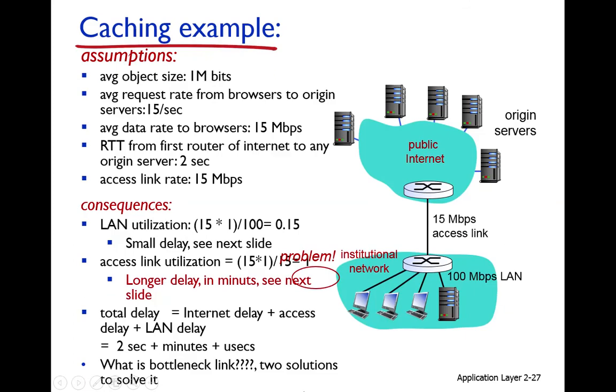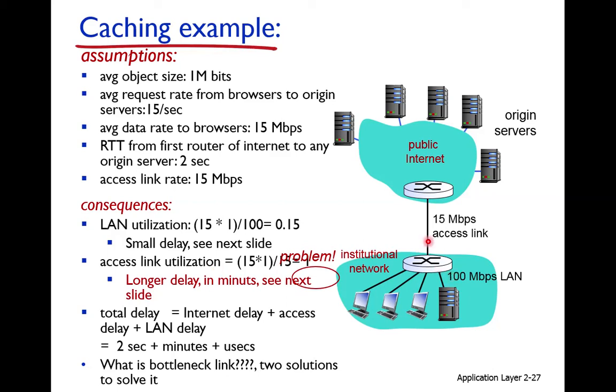In this case the LAN utilization is 0.15, which is much less than 1, so the delay is small. Suppose it is microseconds. The LAN delay is in microseconds, for example 1 microsecond, suppose. Now what is the access link utilization?